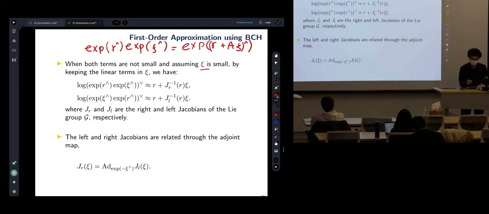So the question is, what is a first order correction to the product of these exponentials, as we discussed before? Now take the log from both sides, and then take the v to make it a vector, so that you can ignore the log and v. It turns out, for Lie groups, it will be the inverse of the right Jacobian if the small term is on the right, and the inverse of the left Jacobian if the small term is on the left.